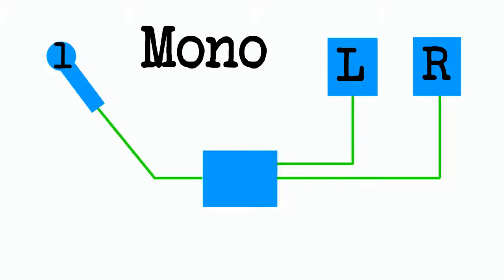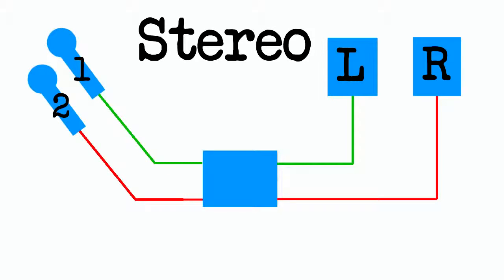A mono recording is made with one microphone, and its signal is split evenly through the left and right speaker channels. A stereo recording is made with two microphones, with one dedicated to the left speaker channel and the other to the right speaker channel.